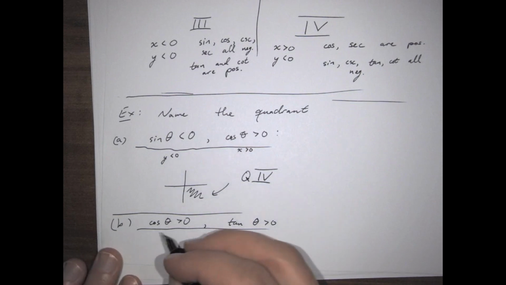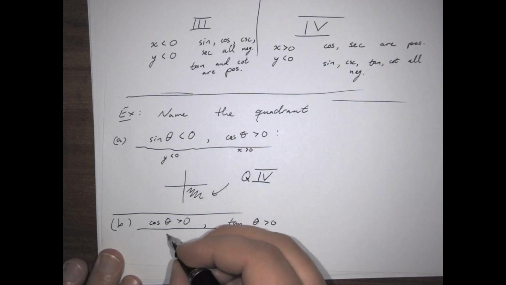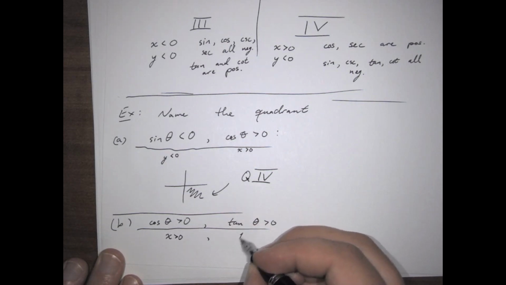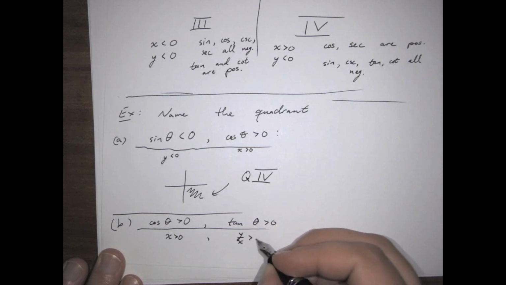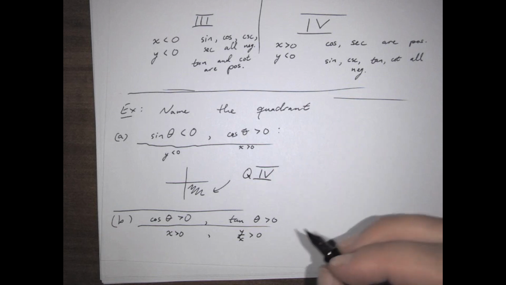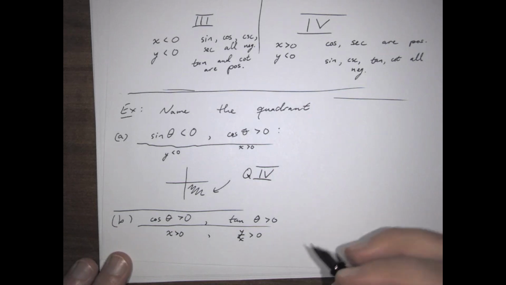That means that x is greater than 0 and y over x is also greater than 0. Now, if y divided by x is positive and x also is positive, then could y ever be negative? No, because a negative divided by a positive is a negative.